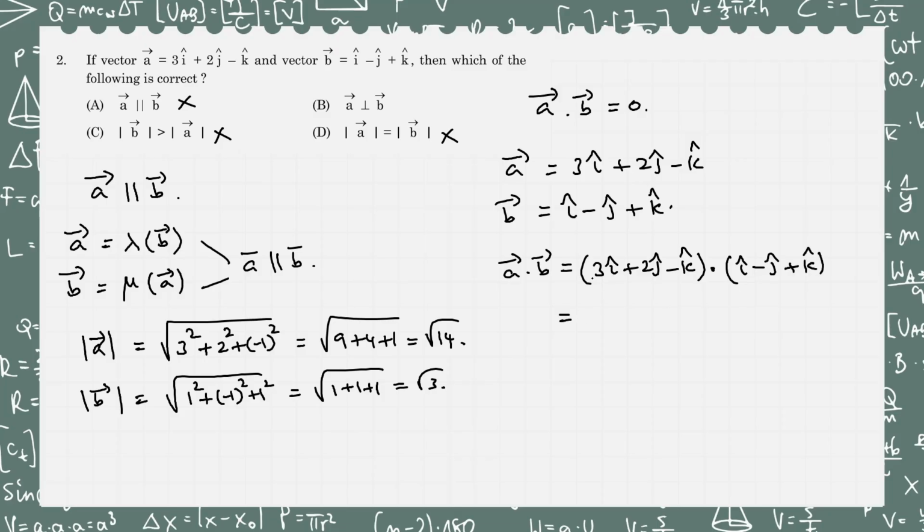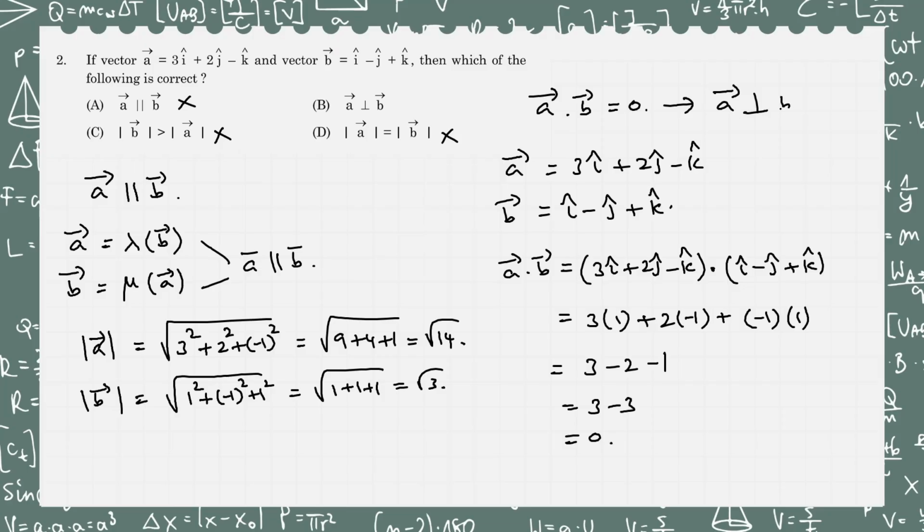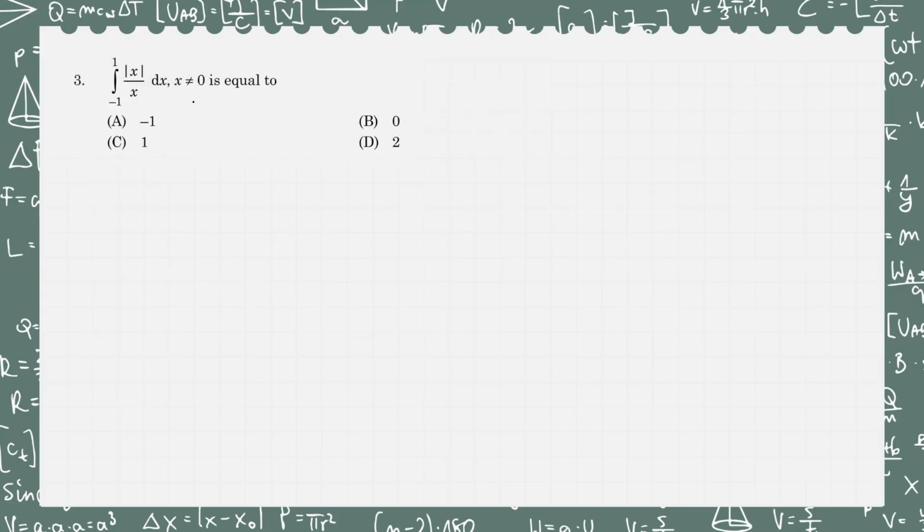So this will give you coefficients of i in both the vectors product, 3 times 1, plus coefficients of j in both the vectors product, 2 times negative 1, plus coefficients of k in both the vectors product, minus 1 into plus 1. So this is 3 minus 2 minus 1, which is 3 minus 3, giving you 0. So when A dot B equals 0, that means A vector is perpendicular to B vector. So option B is the correct answer. Let's go to the next sum.